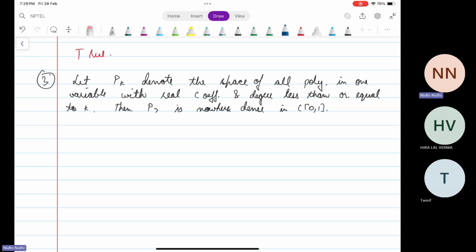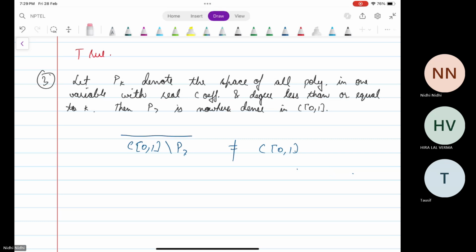Now for nowhere dense, we need to see C01 minus P7 closure. If this is equal to C01, in that case P7 is not nowhere dense. If this is not equal to C01, this is nowhere dense.